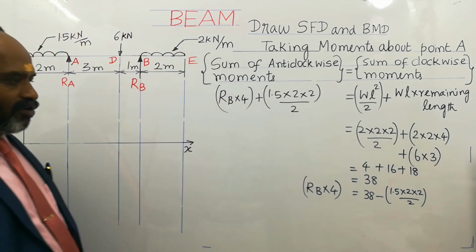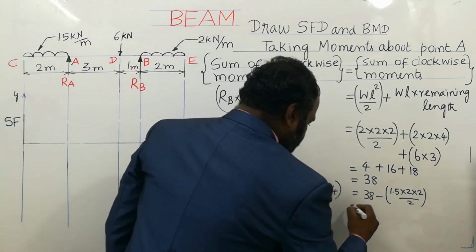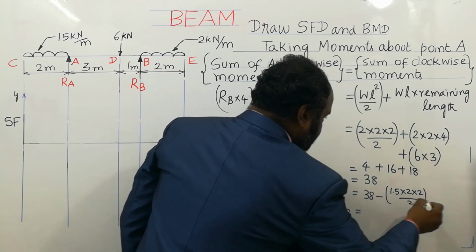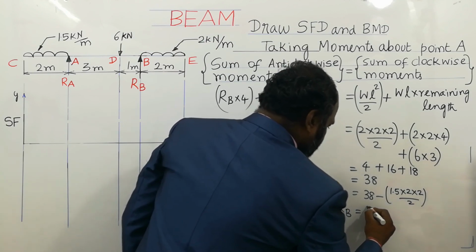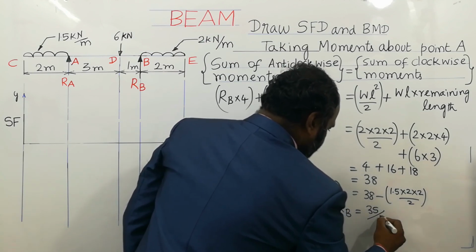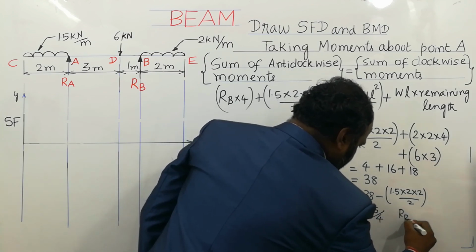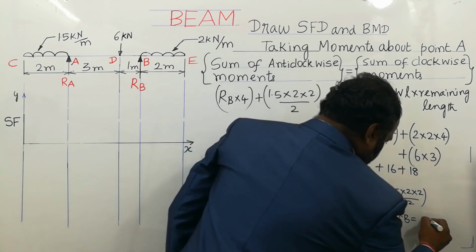So we are going to find the RB value. On simplification we get 35, all divided by 4. So RB is equal to 8.75.